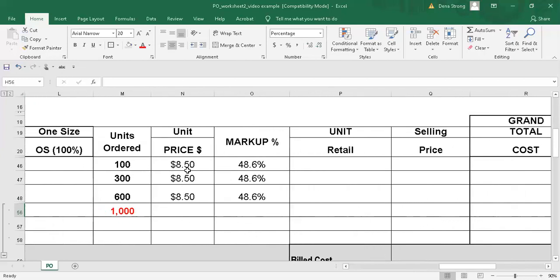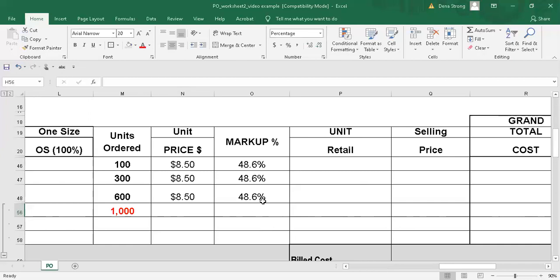Okay, so let's take a look. Let's just say the vendor quoted us a wholesale cost of $8.50. So that is the wholesale cost for each item. All right, so let's just say our store requires a 48.6% markup on all hoodie styles to be profitable. So we're gonna use the 48.6% markup as our markup percent for pricing.